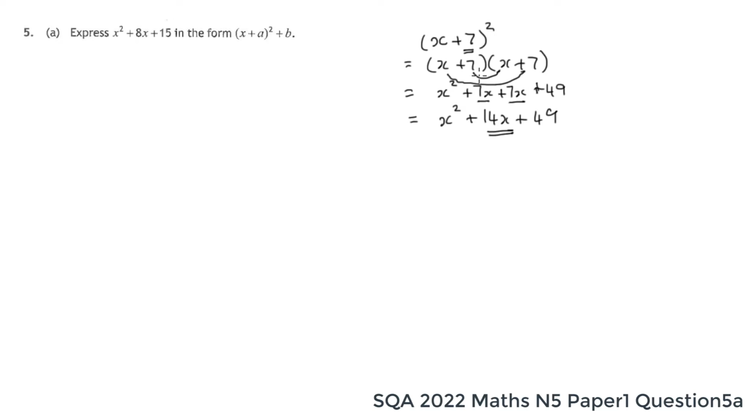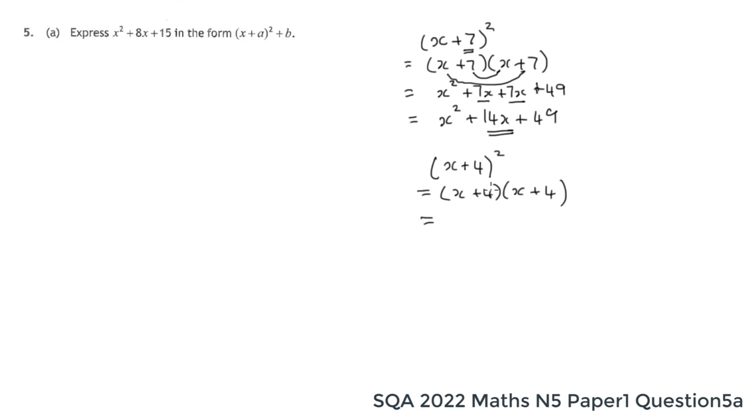So the outside and inside terms will both be identical. So in particular, when we're looking at x squared plus 8x plus 15, the x terms, there's 8 of them, they must surely come therefore from an x plus 4. So let's just explore that and see if we're right.